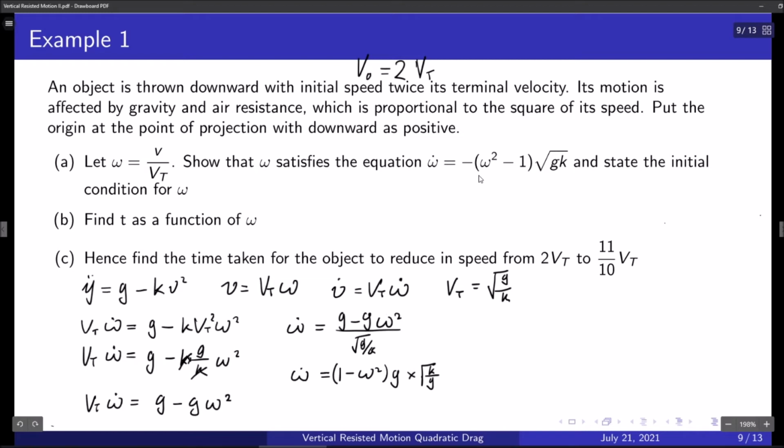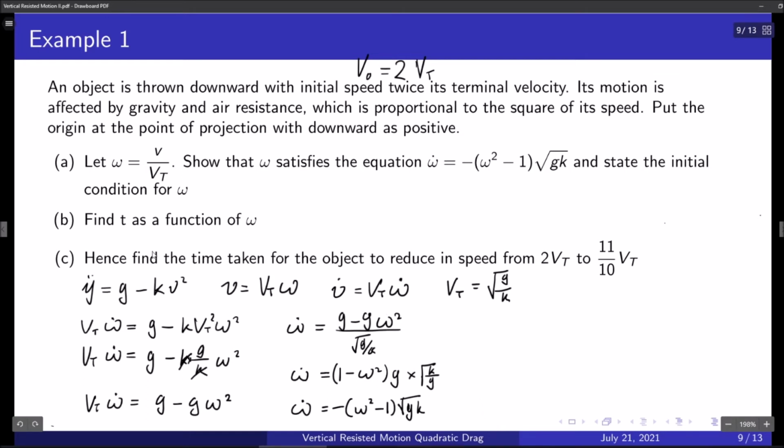Obviously, the g's cancel out. Because it's asking for a negative, we can factor out -1 and get omega squared minus 1, and then this, so we end up with the square root of gk. Now we are going to use this expression to simplify things for ourselves.